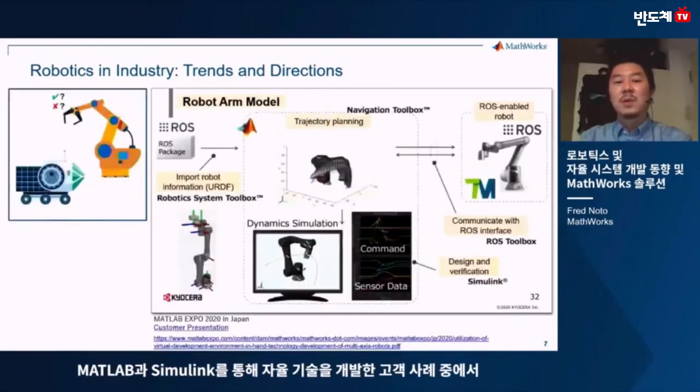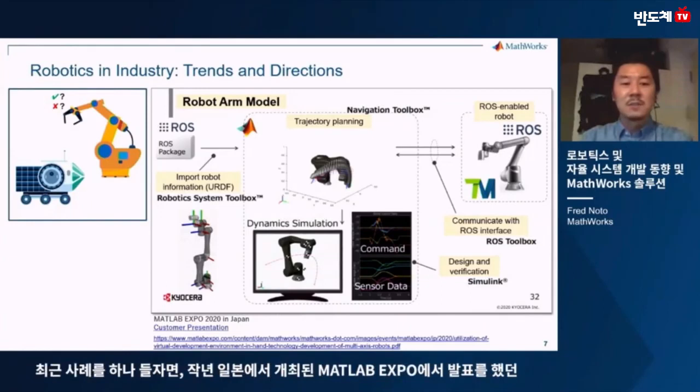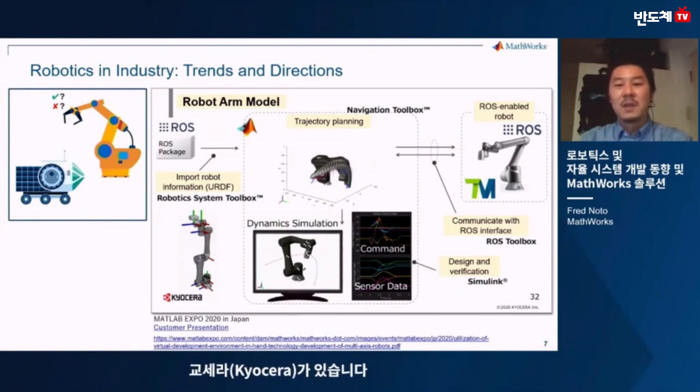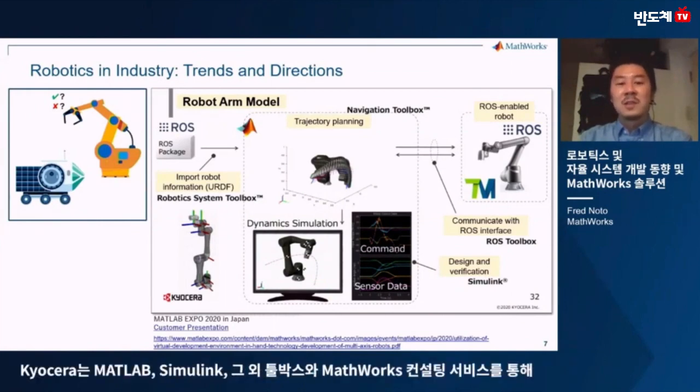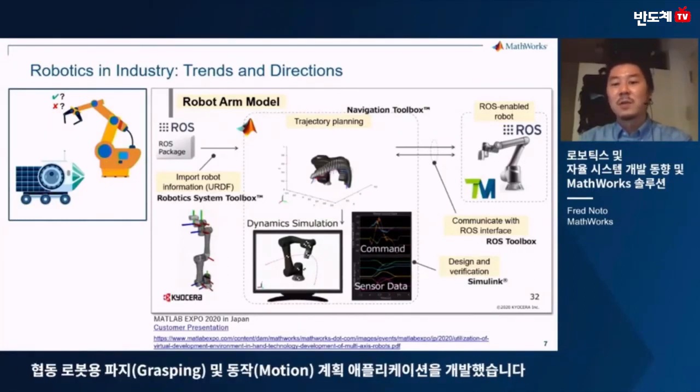A recent example of customers developing autonomous technologies with MATLAB and Simulink is from Kyocera, who presented at the MATLAB Expo in Japan last year. They used MATLAB, Simulink, additional toolboxes, and MathWorks consulting services to develop grasping and motion planning applications for collaborative robots.